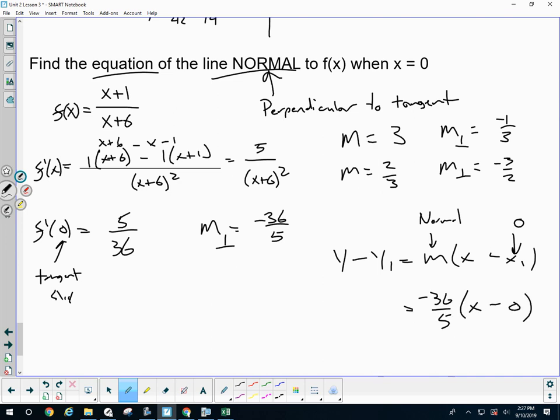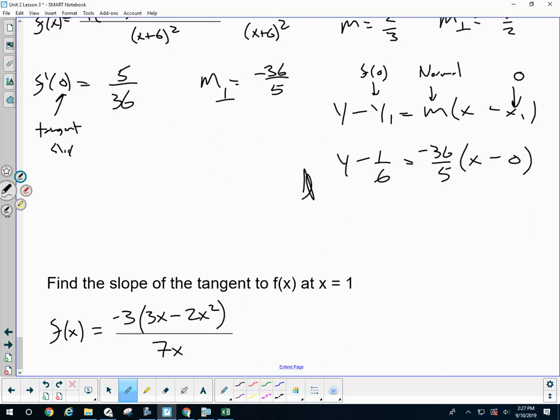My y-coordinate is, again, my function at the x-coordinate, 0, which is 1/6. And I would recommend graphing this and seeing that perpendicular nature of things. Okay? The last one is just a word of caution.